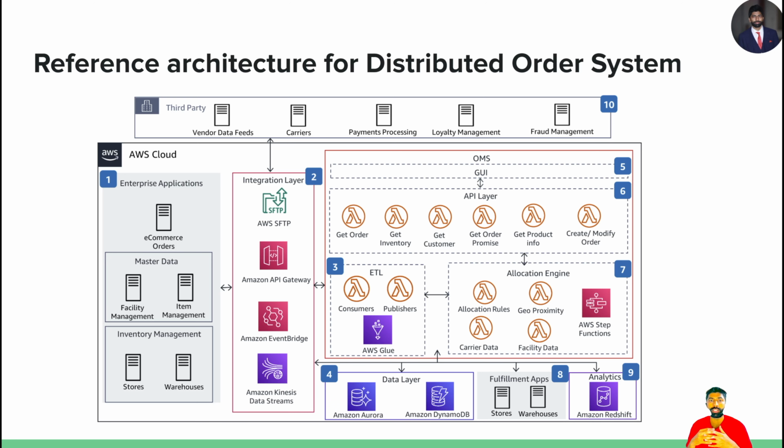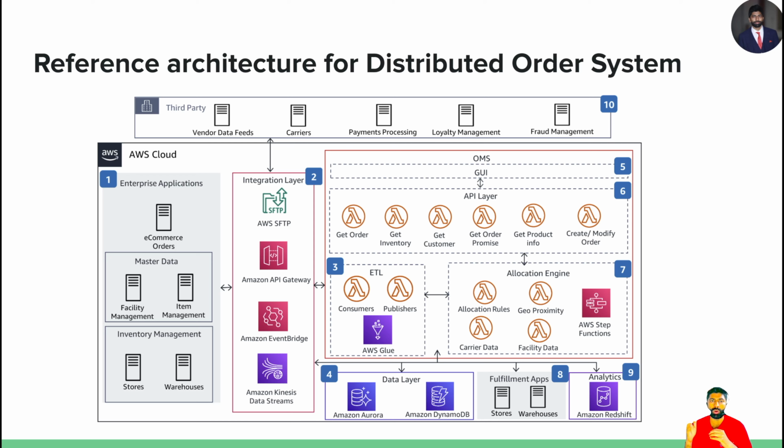E-commerce data is also sent to OMS for allocation and release. The integration layer in the middle consists of multiple AWS services that support file transfer for external file feeds, APIs, event-driven patterns, and streaming for inventory and master data.